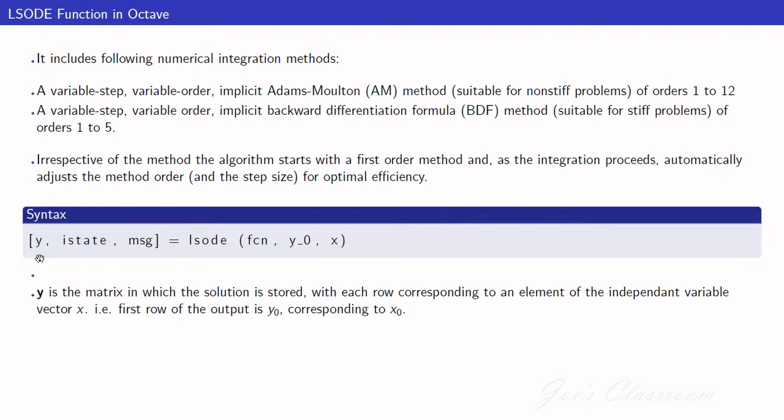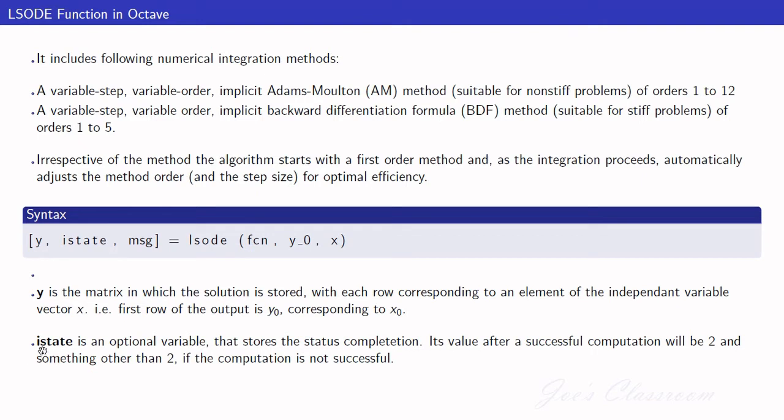Similarly, the first row of the Y matrix will correspond to the value of the solution variable corresponding to the initial value of x. That is, the first row of the output is y0 corresponding to x0.